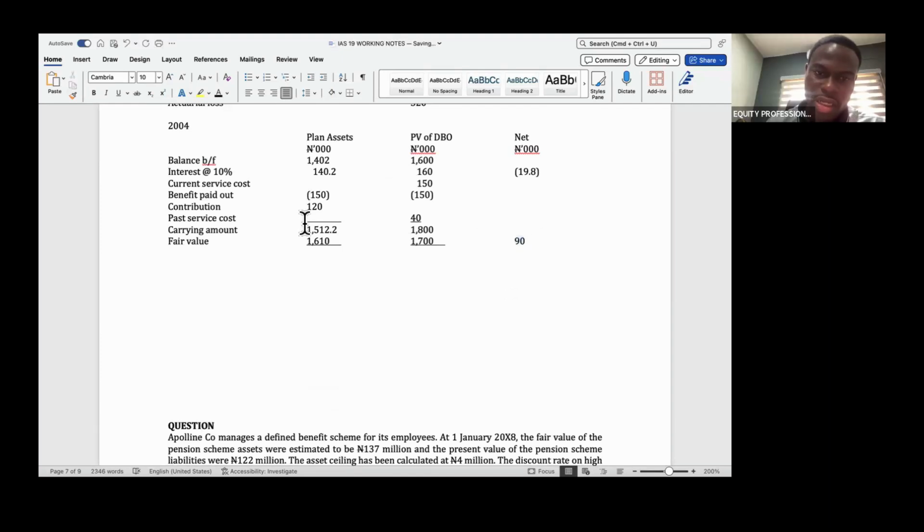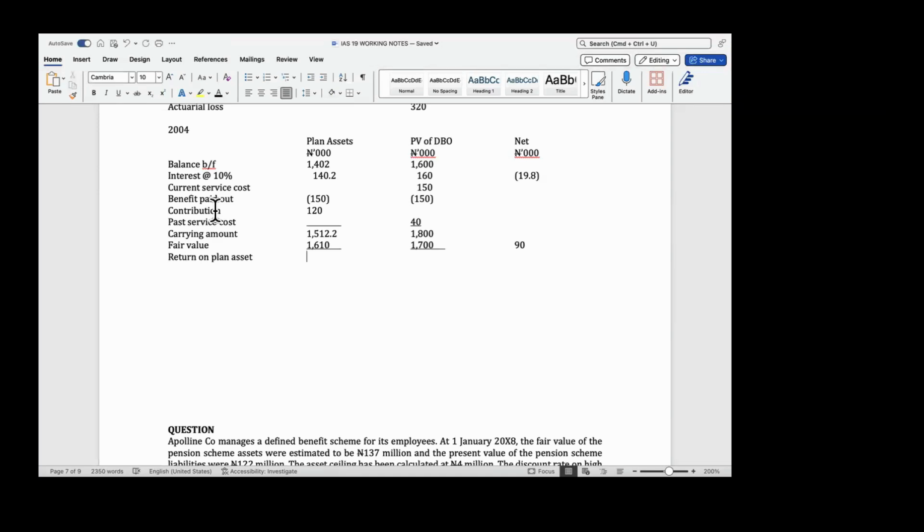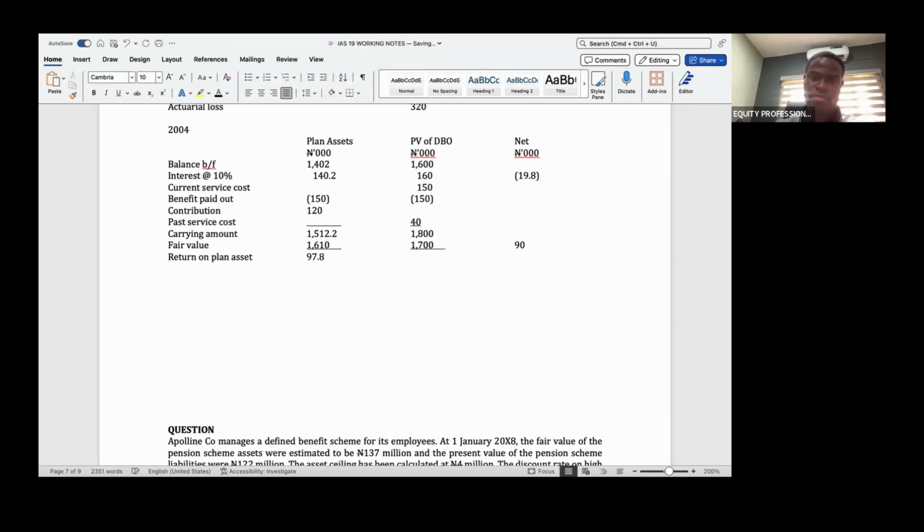Okay. Now, for the asset, our asset increased. The fair value of the asset increased. That's a gain. So we have return on plan assets. What's the difference? 97.8.